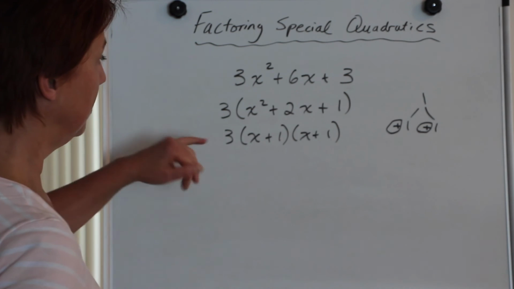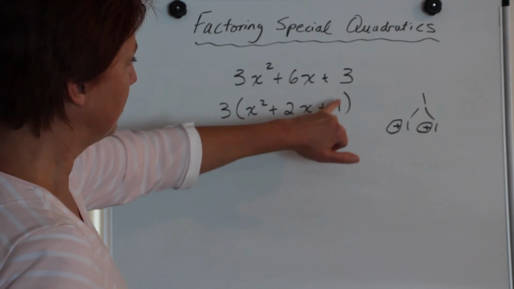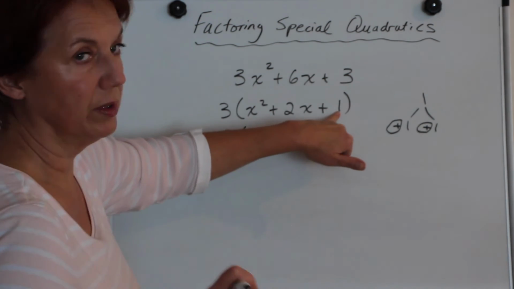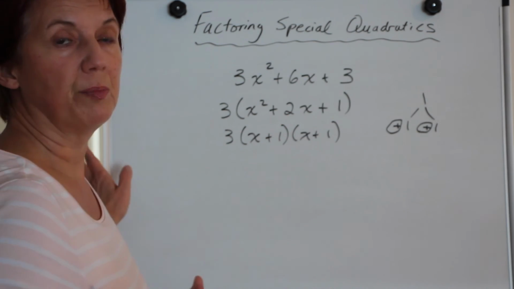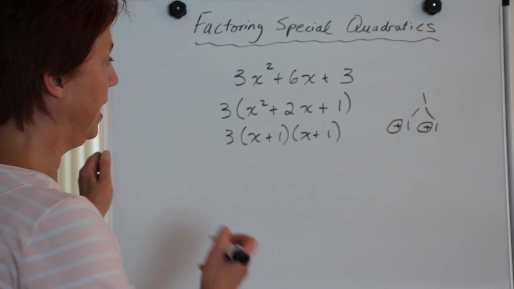Or we could simply say to ourselves, well, this is a perfect square, and this is a perfect square. The square root of 1 is 1, the square root of 1 is 1, 1 times 1 is 1, 1 plus 1 is 2, which gives us the proper test for perfect square trinomial and tells us that that's what we have.